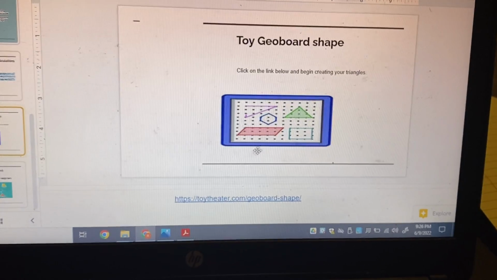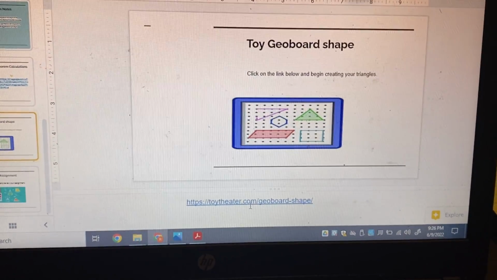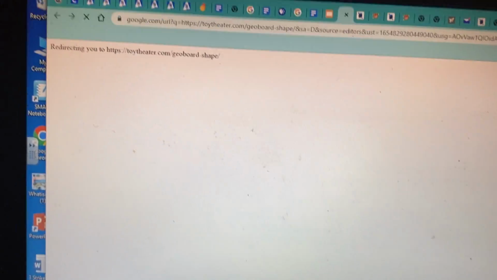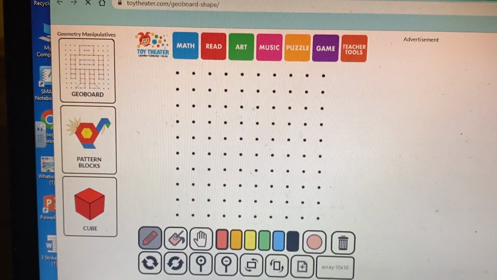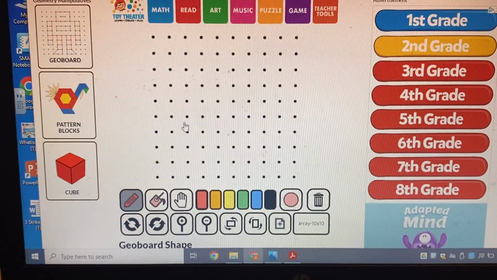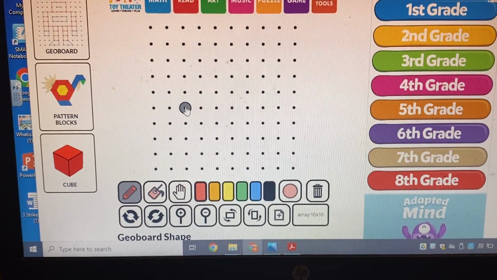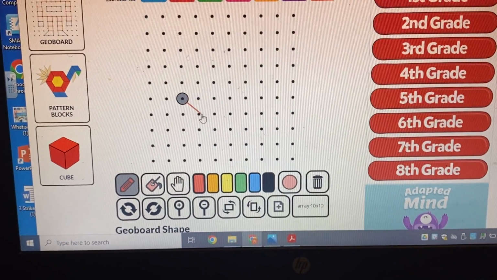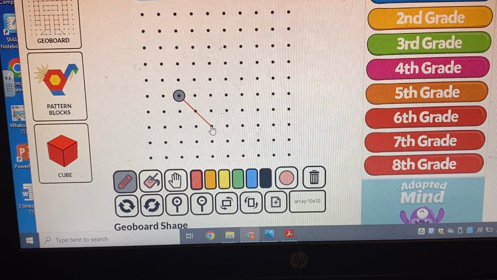Your geo board. This is something that is going to be very fun. If you click on the link here, it opens up. And you can actually draw out your triangles.